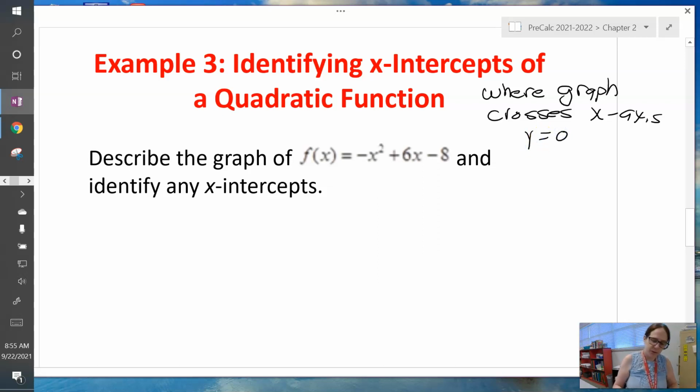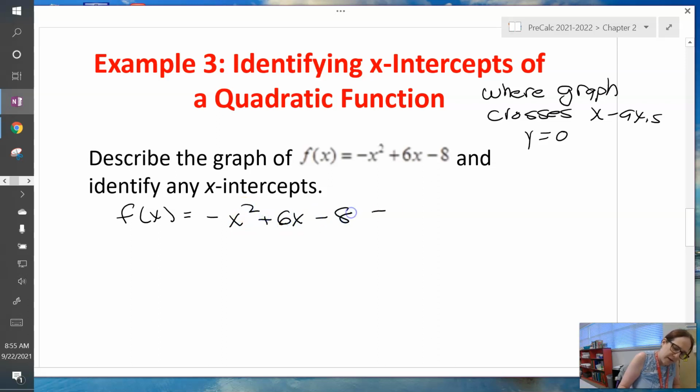So, I'm going to start with my -x squared plus 6x minus 8. And I'm going to set that equal to 0. So step 1, set equal to 0, because that's where it's going to cross the x-axis.